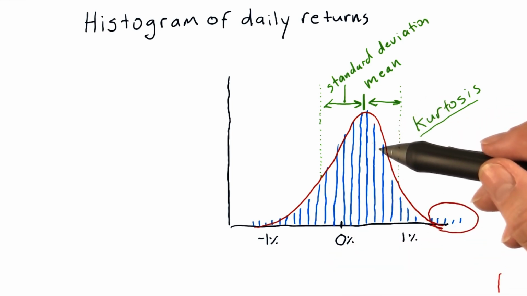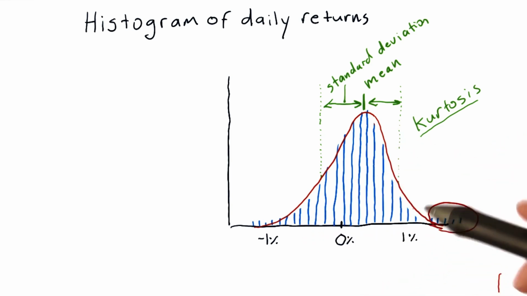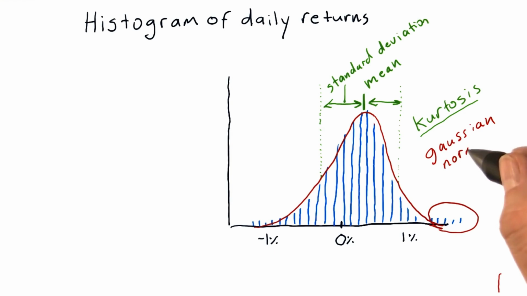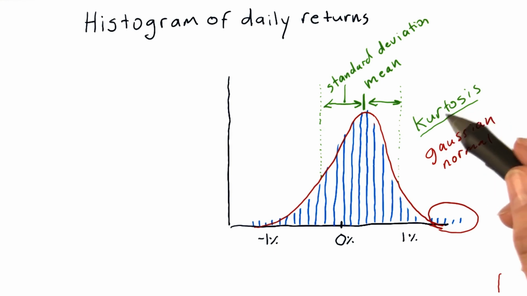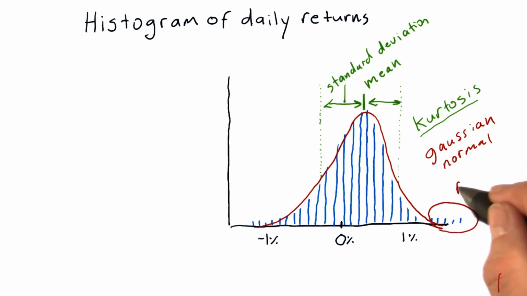And if we assume that our distribution is similar to a Gaussian distribution or normal distribution, the measure of kurtosis tells us how much different our histogram is from that traditional Gaussian distribution. So in this case, we have what are called fat tails. I've got them over here and over here.